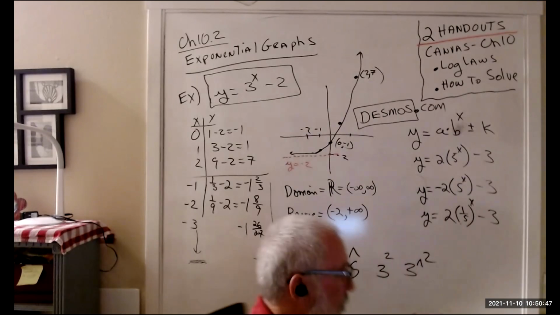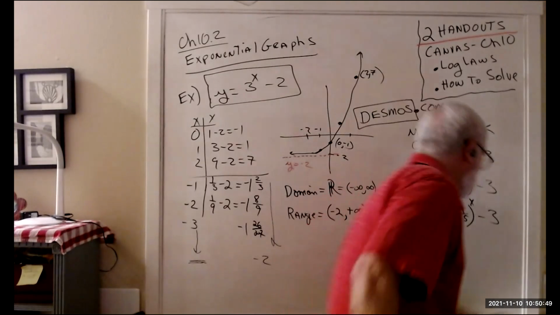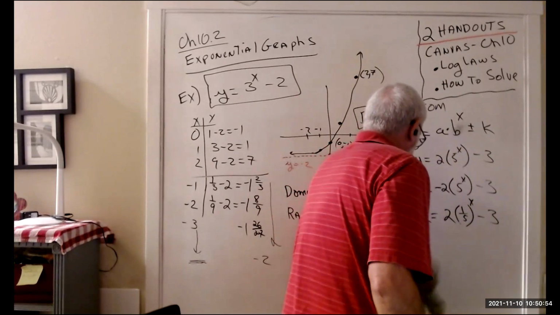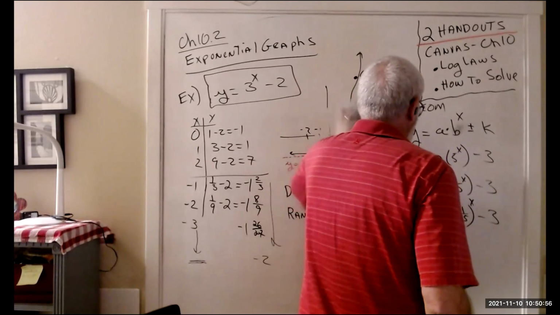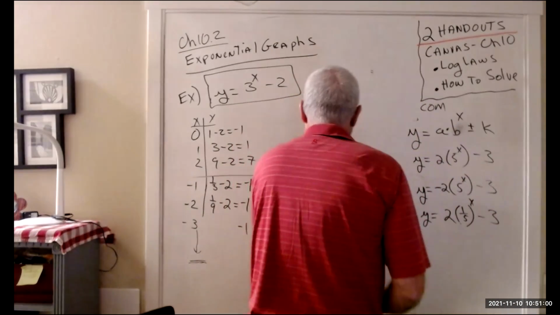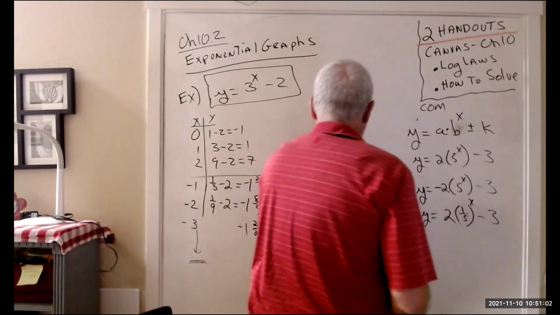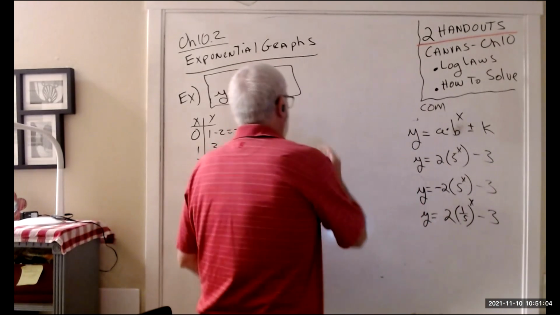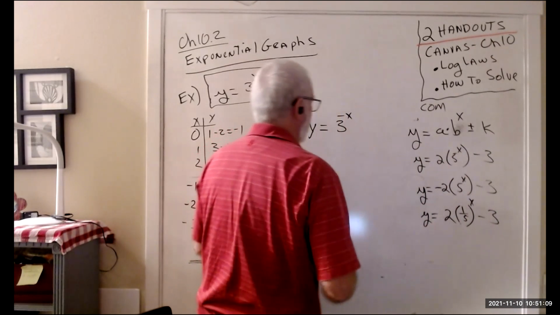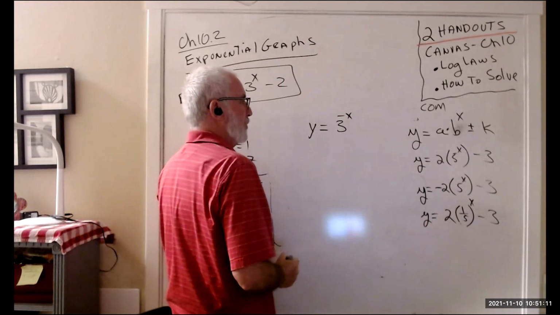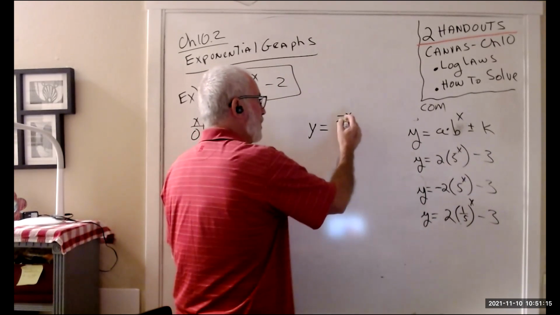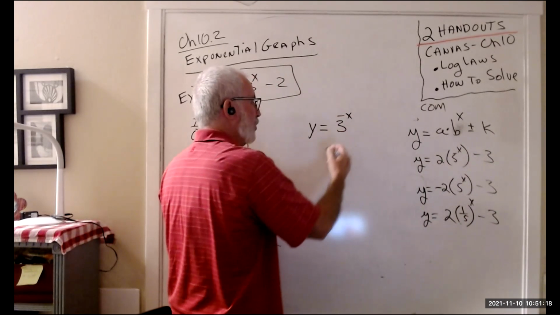So over here, if I wanted to graph y equals 3 to the negative x power, I could build a table of values, but remember, what does a negative power do?